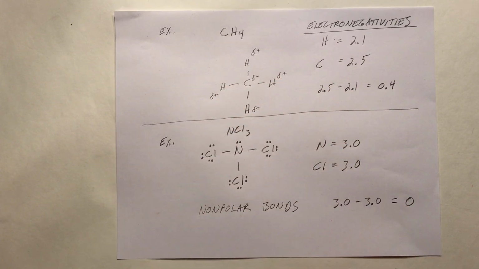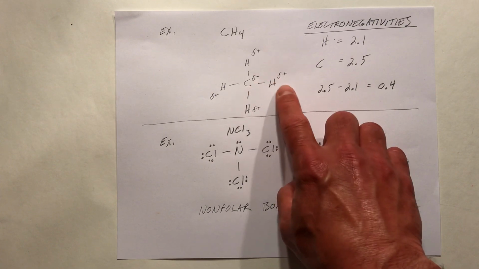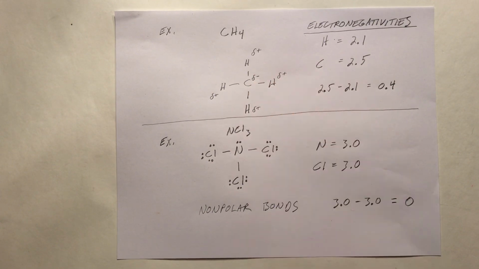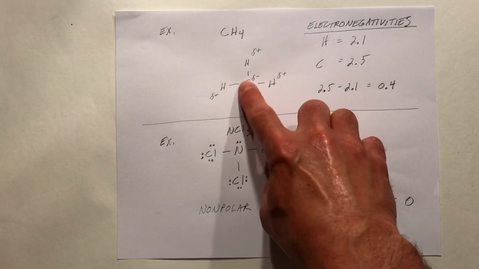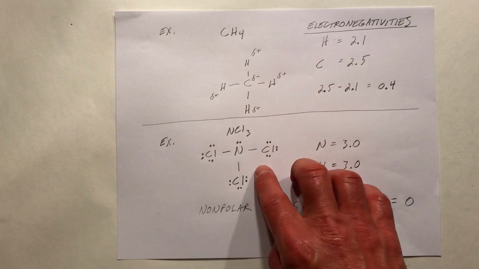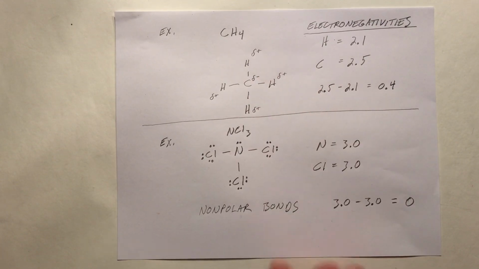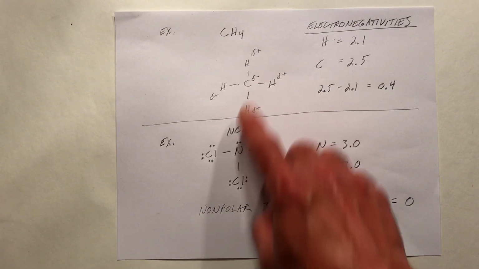Now once again, delta minus signifies a slight negative charge, and delta plus signifies a slight positive charge. Now, we don't write 4 delta minuses around the carbon. It's understood that for each one of the bonds, the carbon is the delta minus and the hydrogen is the delta plus, by just putting 1 delta minus by the carbon.